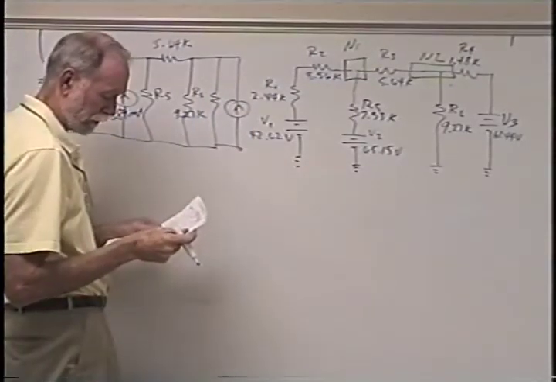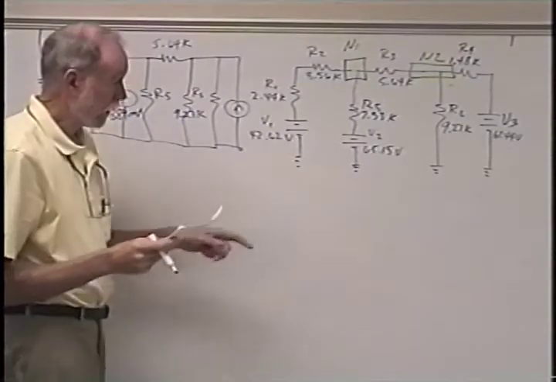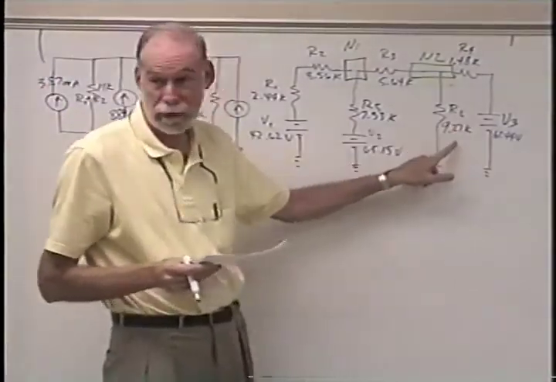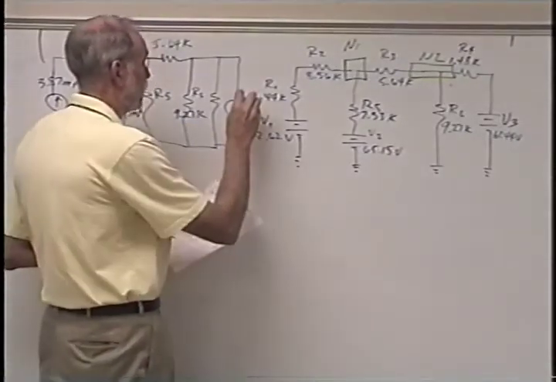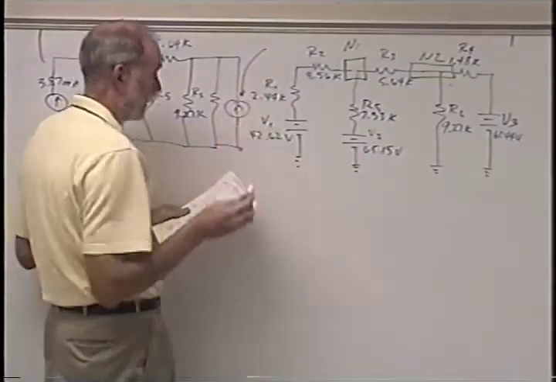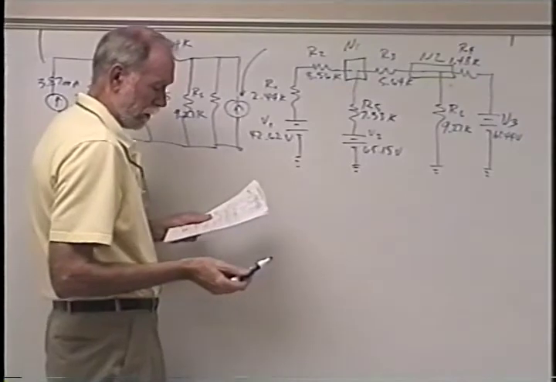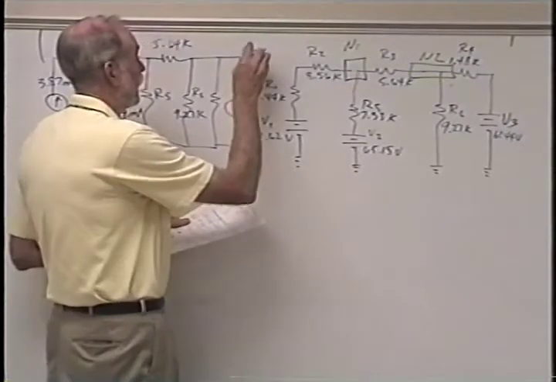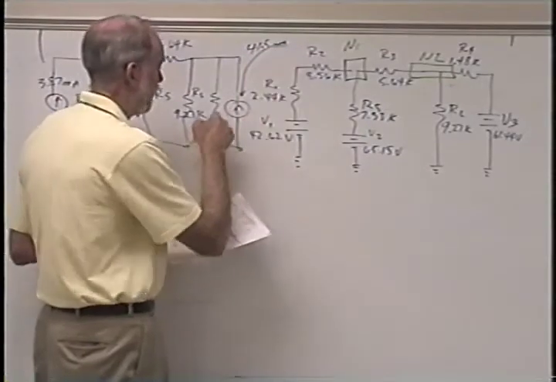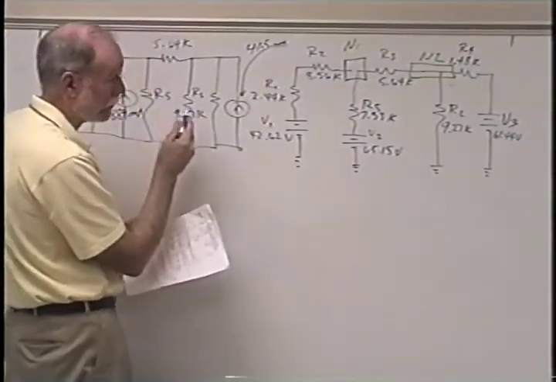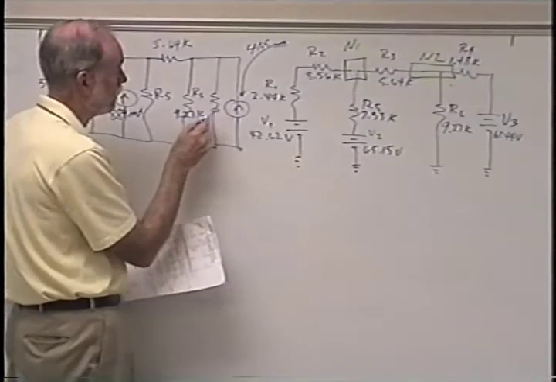That current source is worth whatever V3 is divided by R6. So that turns out to be, I'm just going to point to it with an arrow here, 41.5 milliamps. And this resistor, of course, is the value of R6, 9.27K.